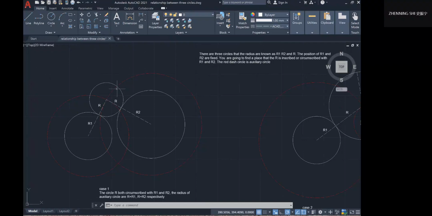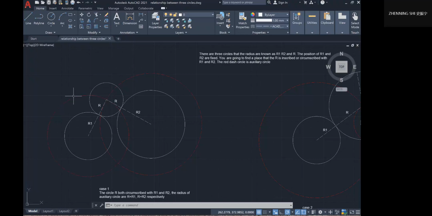Then you want to find the position of the circle R. The circle R is circumscribed with both R1 and R2. So if you want to find the place of R, you want to find the center of R.